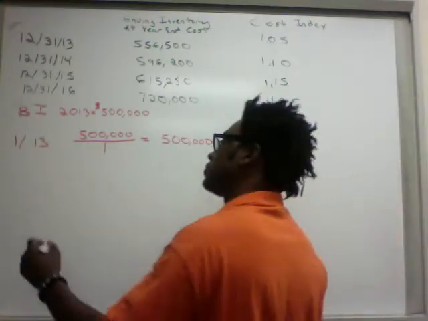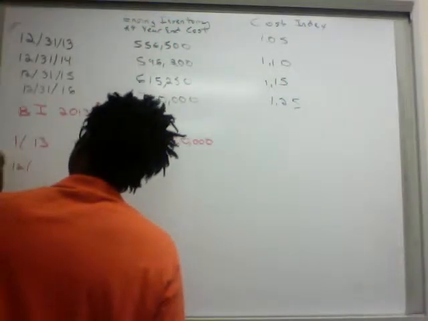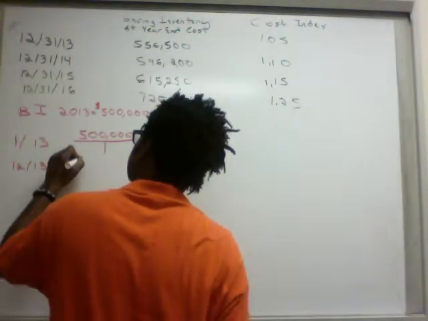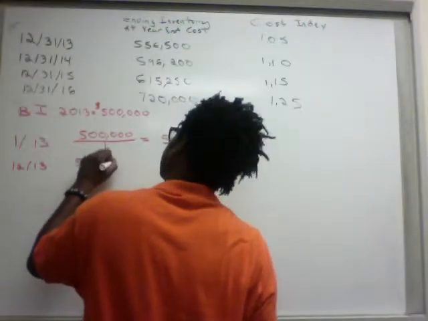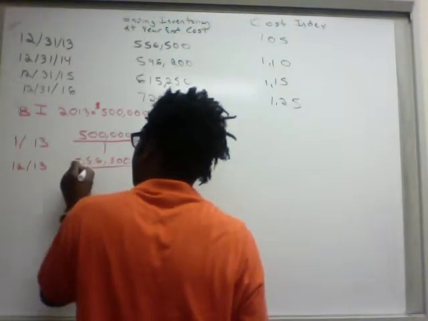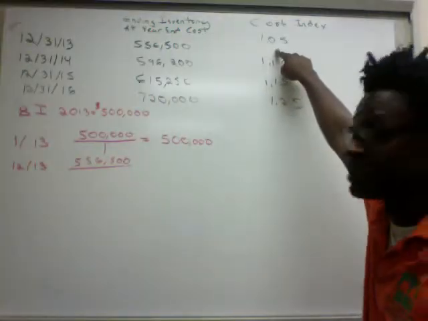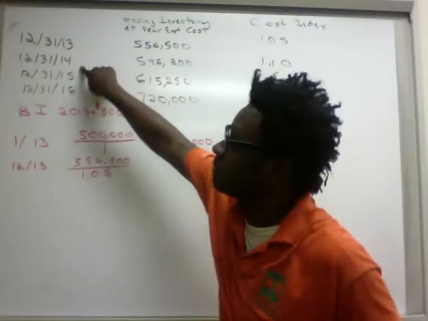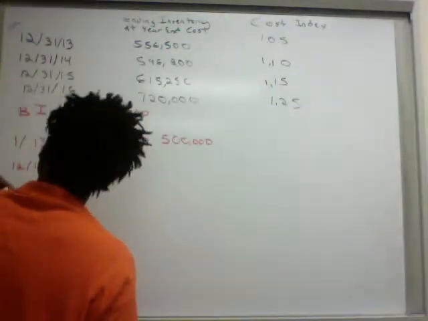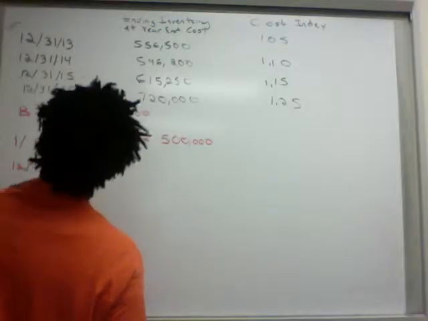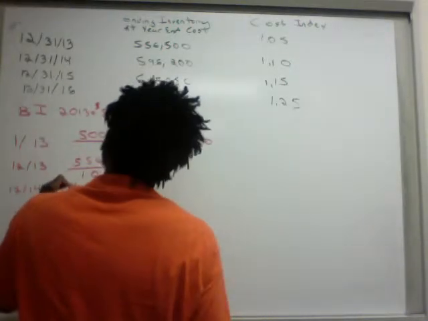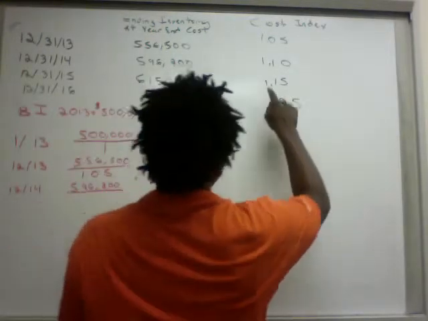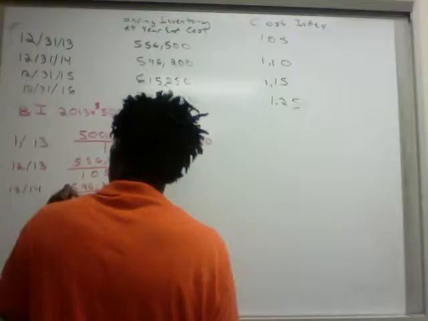Very simple. At December 2013 year end, the ending inventory was 556,500, and we're going to divide that by its respective cost index, 1.05. We're going to take the December 2014 year end amount, 596,200, and divide it by its cost index, which happens to be 1.10.